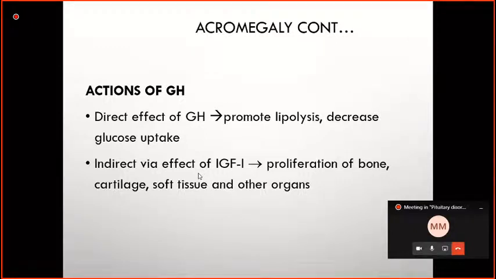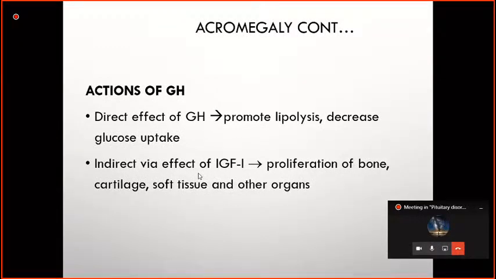So what are the actions of growth hormone? Increase amino acid uptake. Increase protein synthesis. Gluconeogenesis.